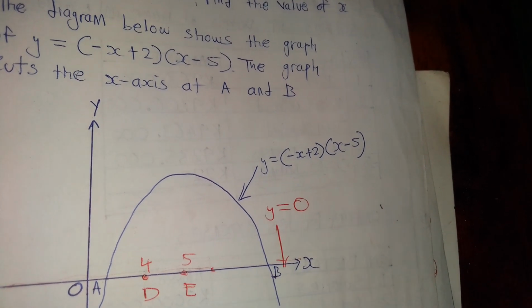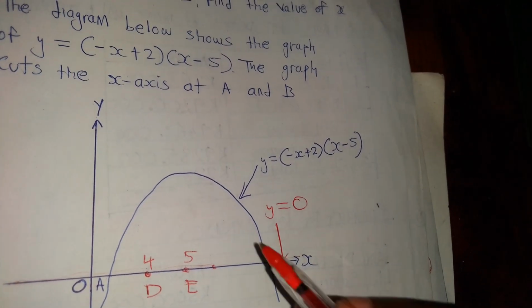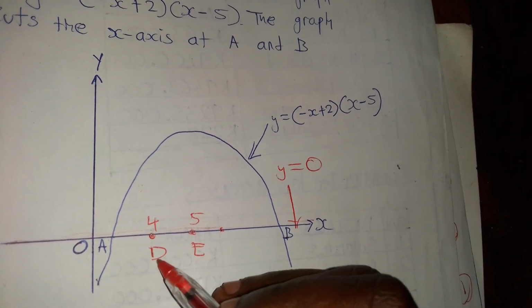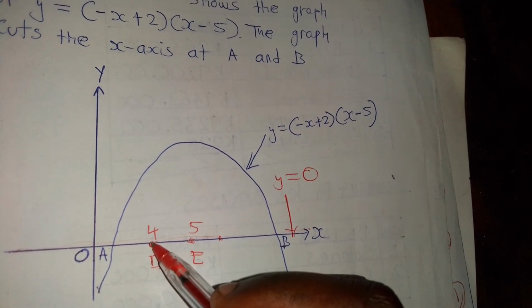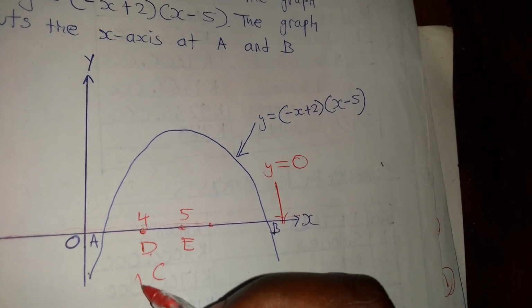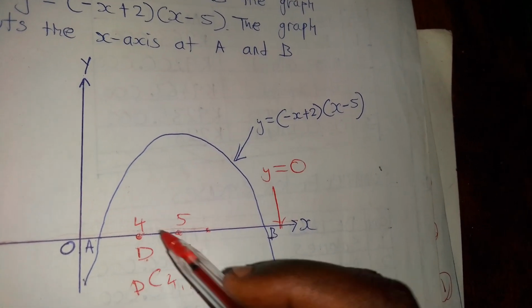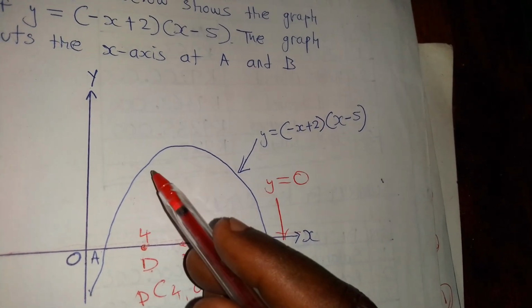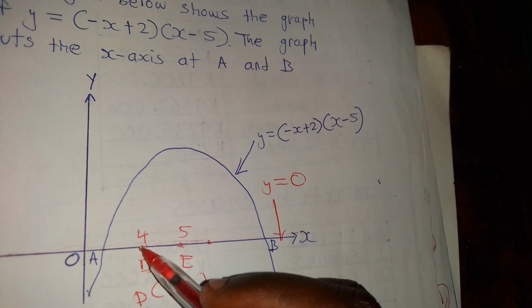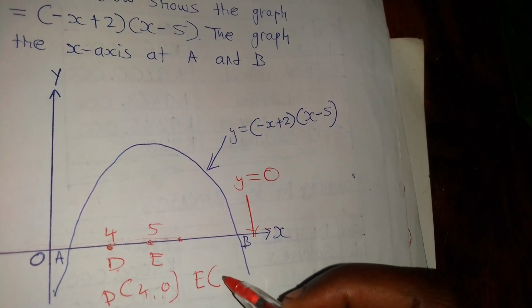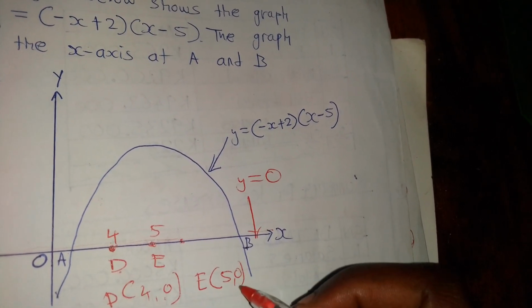Now, if we were to pick the coordinate for D, what would be the point here? The point for D will be 4, comma 0. Why? Because D does not move up or down, it's just here. Then E, what will be the point for E? E will be 5, comma 0 as well, okay?